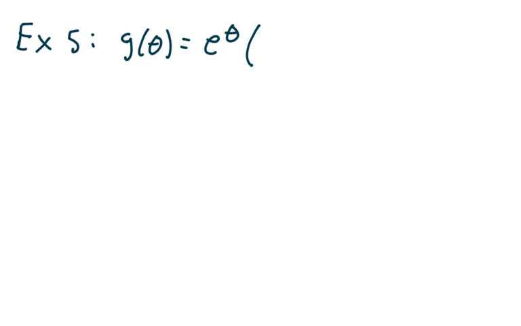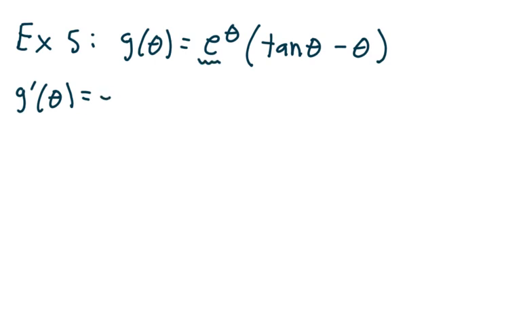If we take a look at example 5, we'll put this one back in blue. So suppose we had g of theta is e to the theta times tangent theta minus theta. Suppose I want g prime of theta. Well, I'm going to take the first function, which is e to the theta, and I'm going to multiply times the derivative of the second function, which is tan theta minus theta.